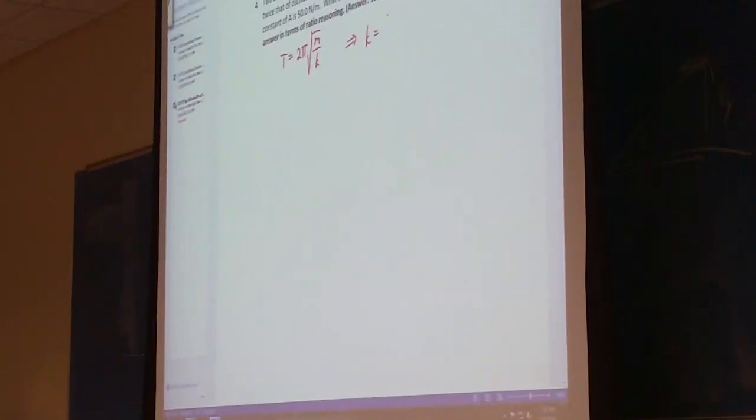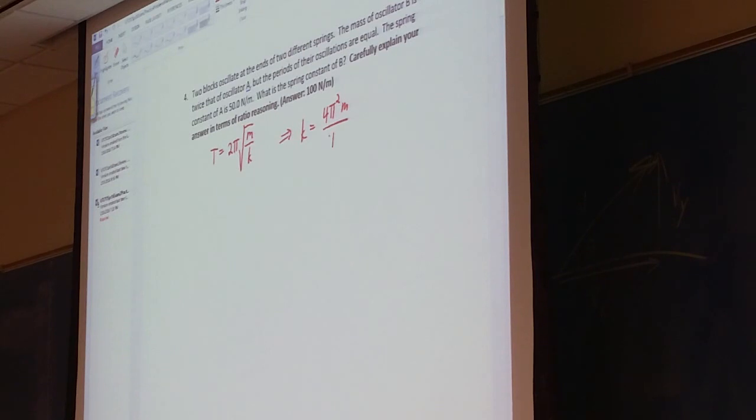That gave us 4 pi squared times m over t squared. We came up with our table of quantities and factors. We have 4, pi, m, and t.